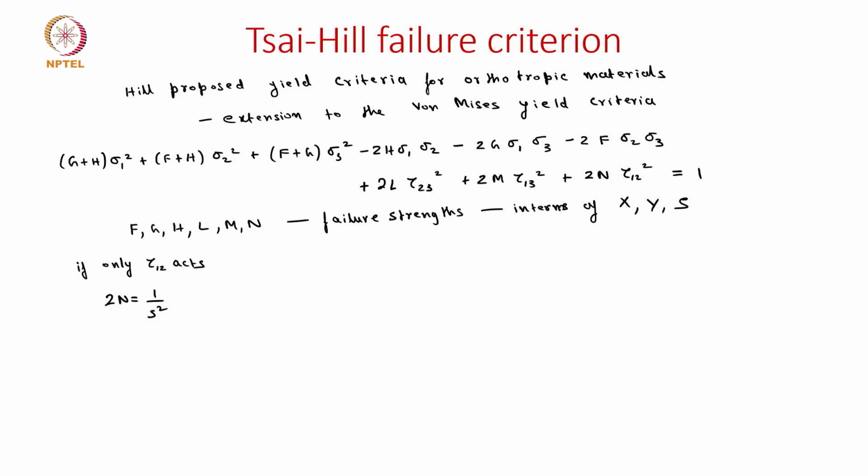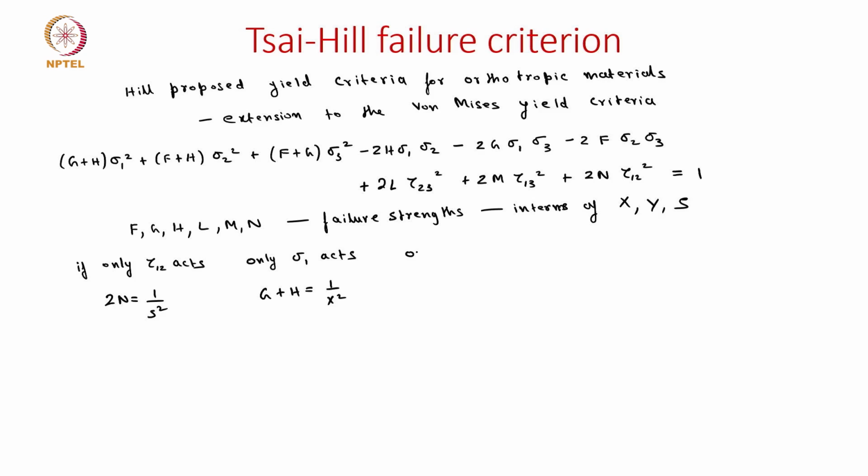Okay. Similarly, if we apply only sigma x, or sigma 1 acts, in this scenario again we should be able to write it as G plus H is equal to 1 by X square.